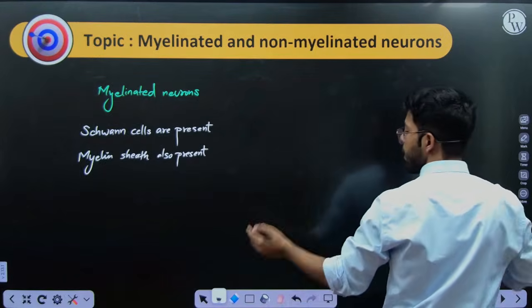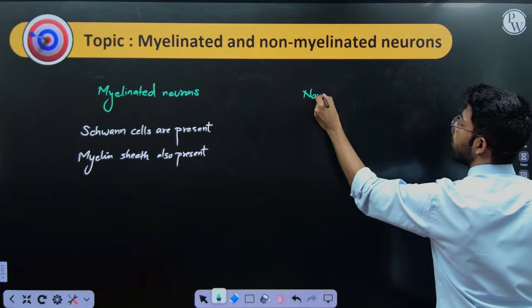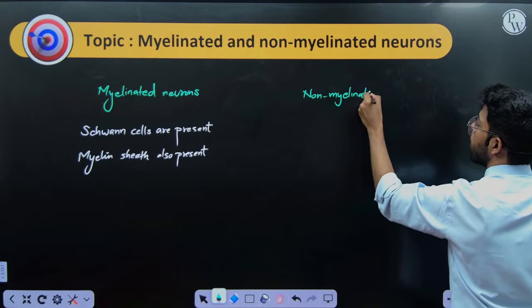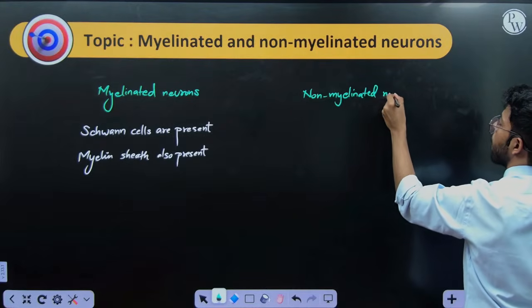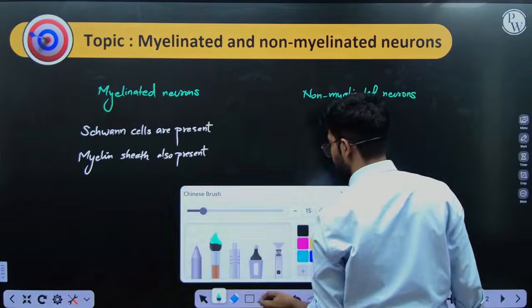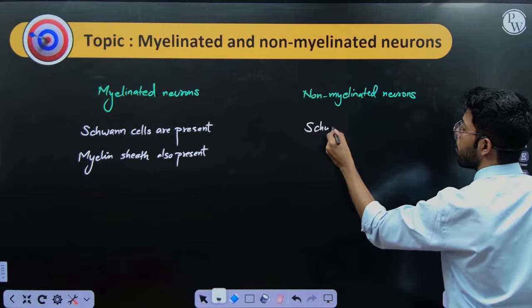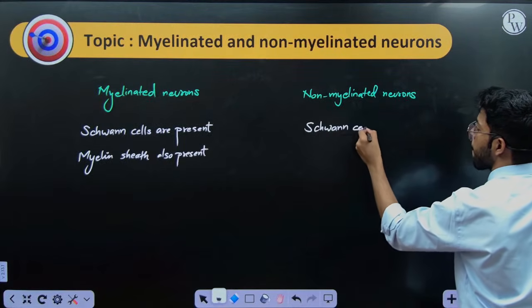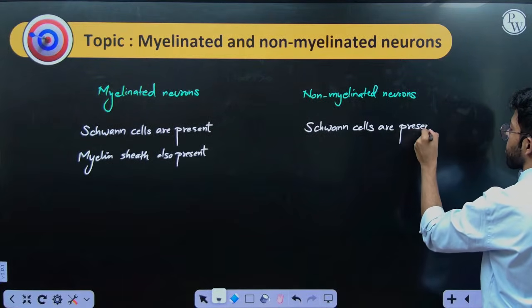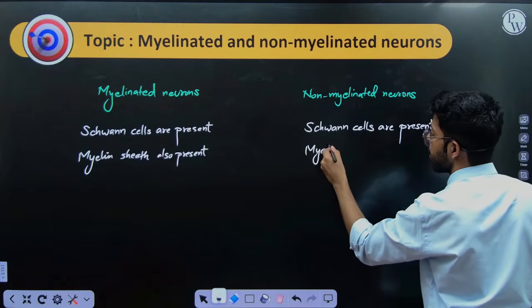But in non-myelinated neurons, Schwann cells are present, but myelin sheath is absent.